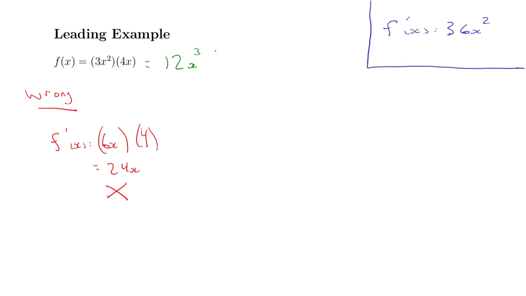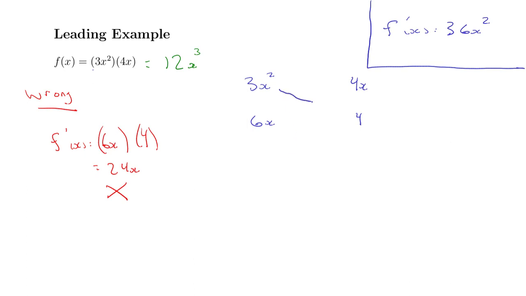What we could do is start labeling these things. Here we've got 3x squared, here we've got 4x, and we've got the derivatives of each as well. We can notice that we want to get something with an exponent of 2. If we start putting some of these things together, you'll notice that certain combinations will give you x squareds.